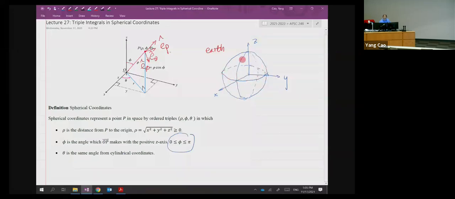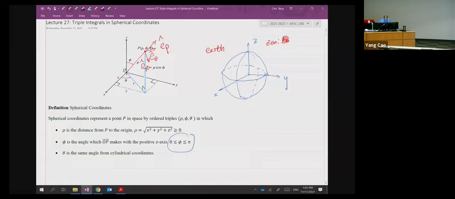This circle here is the so-called prime meridian, a circle passing through somewhere in the British domain, Greenwich time. Then you set up your x-axis going through this. Going this direction is east, and that direction is west. The z-axis, sometimes we call it the zenith.